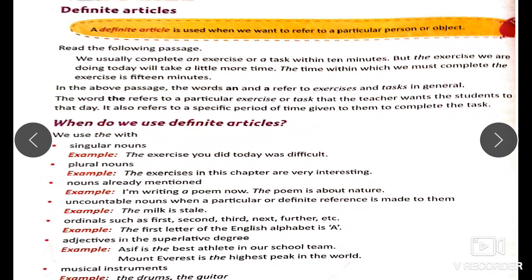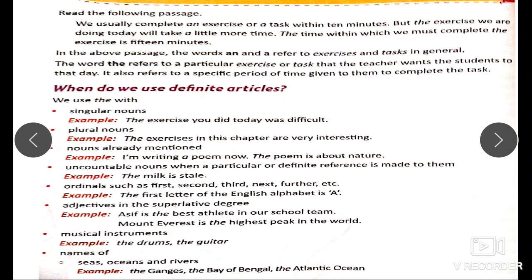Next, we use the definite article the with musical instruments, like when we talk about drums, guitars. I play the guitar. So we use the before musical instruments. Whatever musical instrument we are talking about, she is playing the piano.